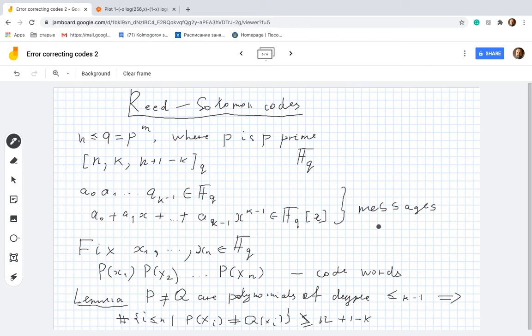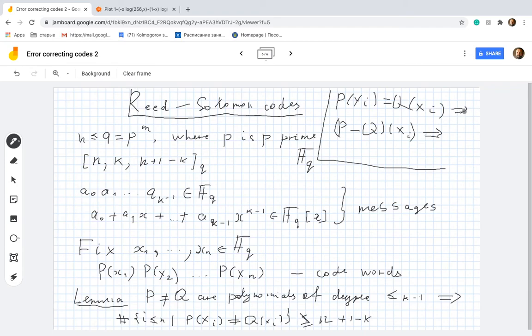But this is obvious because if P and Q have the same value on some xi, then xi is a root of their difference. P minus Q then vanishes at the point xi. And so the number of such points is at most the number of the roots of that polynomial, and that polynomial is non-zero because P and Q are different polynomials.